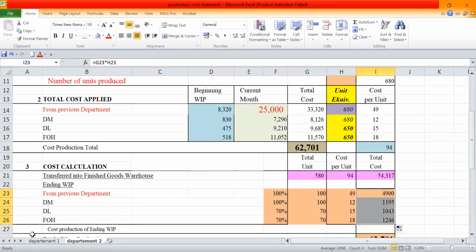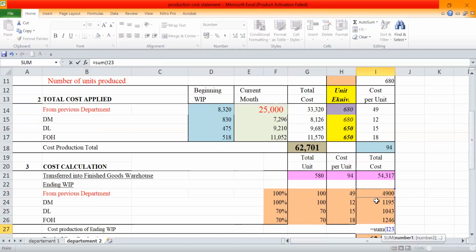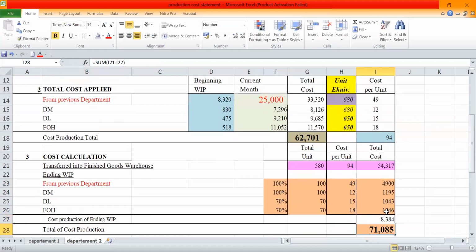So now we get the total cost production of ending work in process, which is the sum of all in this part. So this is the total cost production of ending work in process.